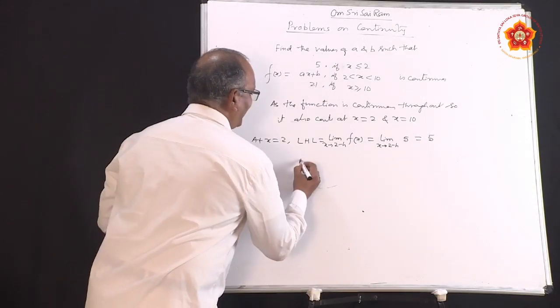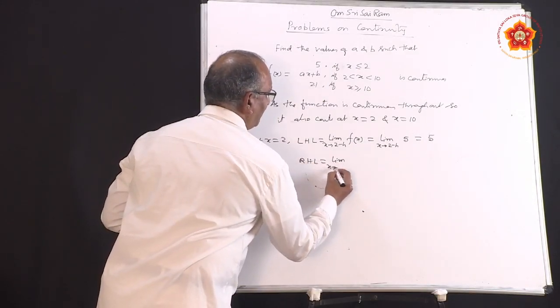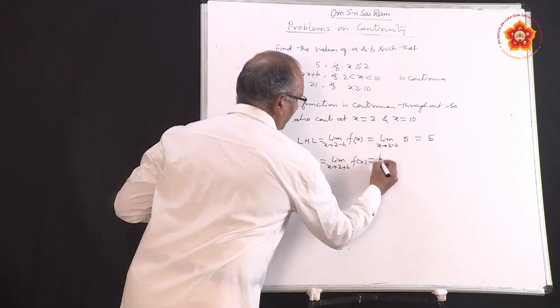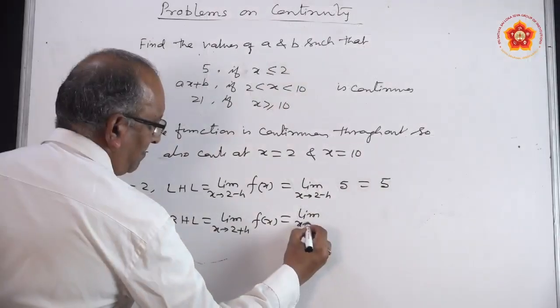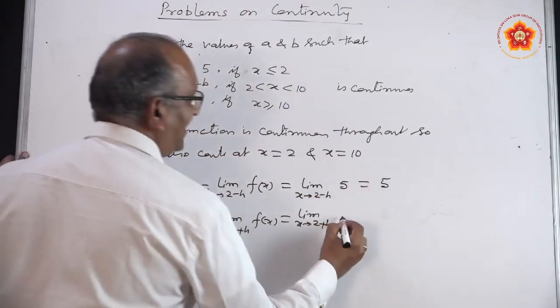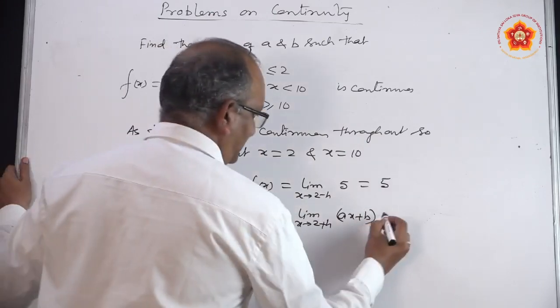Now find out the right hand limit. When it is more than 2, the function is ax plus b. Proceed to the limits.